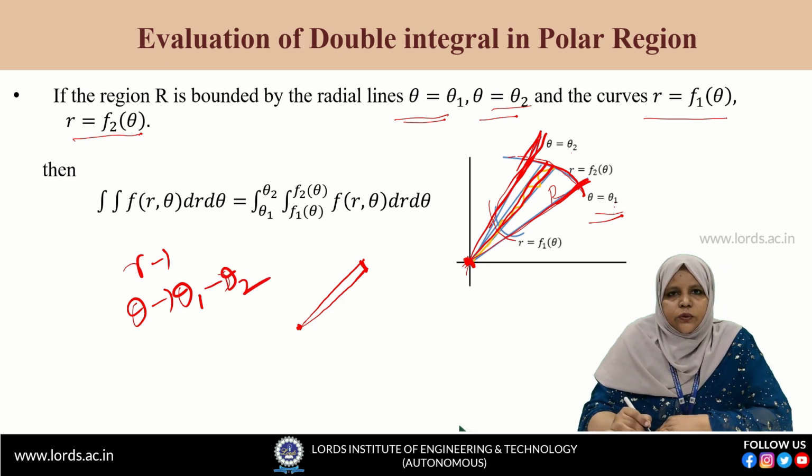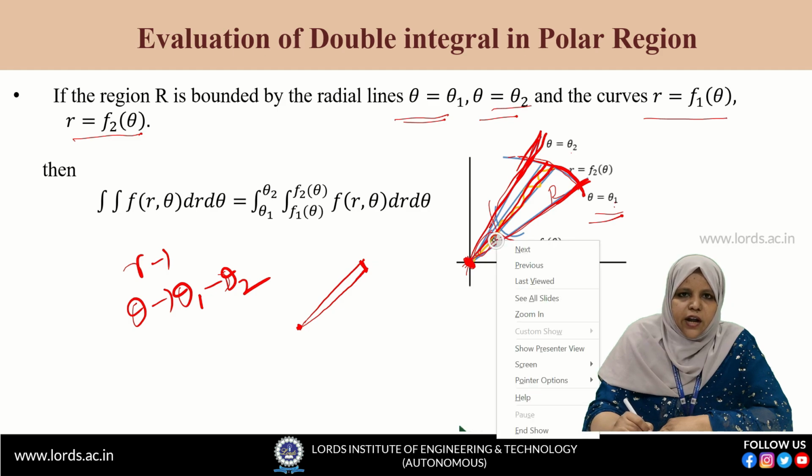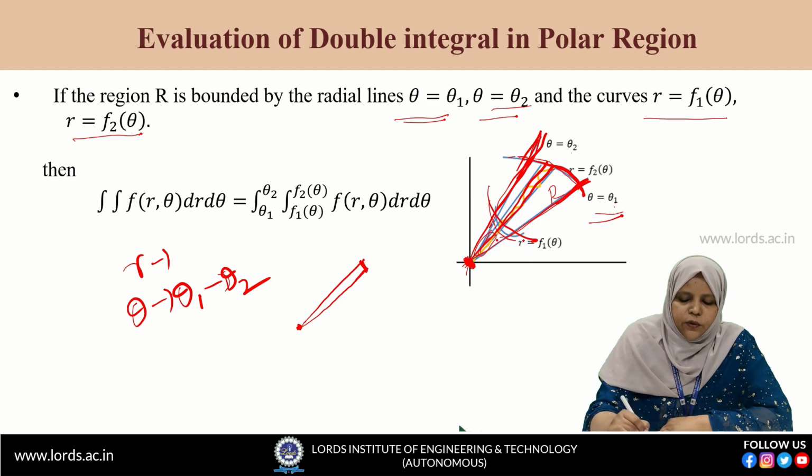And to get the limits of r, see here where I have placed the first end of the wedge, the pointed end at the origin, and the other end I have placed on this curve. But do I need this part? No, I don't need it. I need it only from this curve to this curve. So I'll see where is the first end of the wedge and the second end of the wedge on the curves.